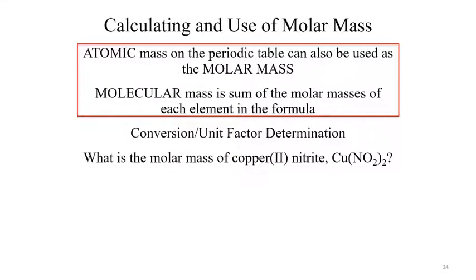So, let's take a look at how we can use this. If I asked the first question of atomic mass for copper 2 nitrate, what you might tell me to do is go to the periodic table, find the atomic mass for copper, the atomic mass for nitrogen, the atomic mass for oxygen, and then add them all up. And that would now be the atomic mass for copper 2 nitrate.